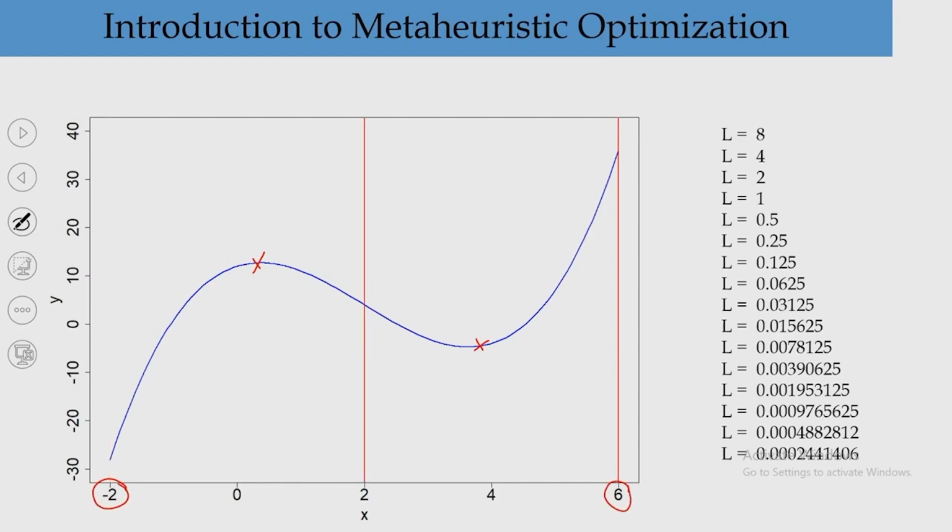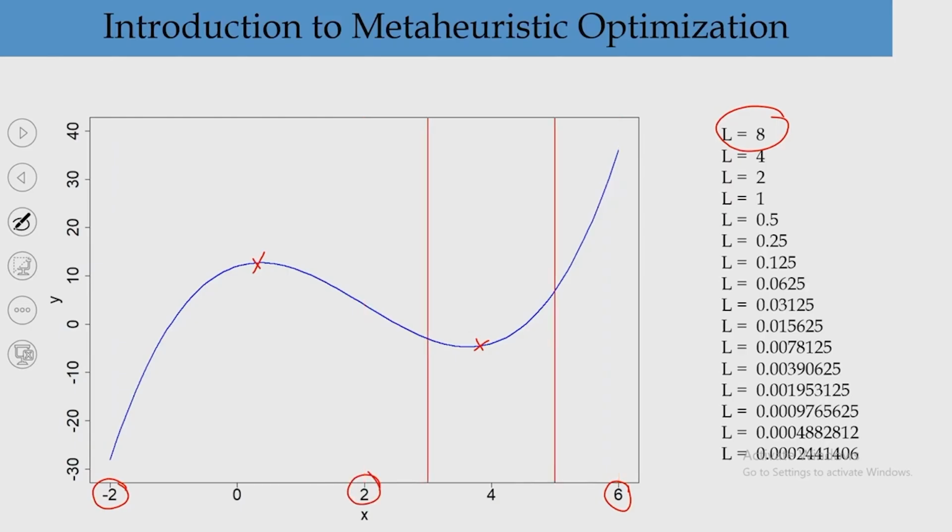After the first iteration, this is the initial solution: initially lower bound is -2 and upper bound is 6 and length is 8. Then after one iteration, I am getting 2 and 6.